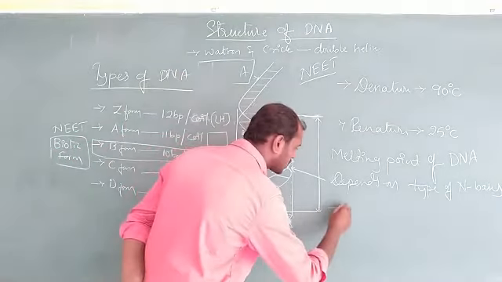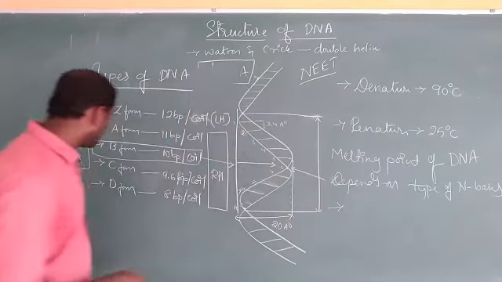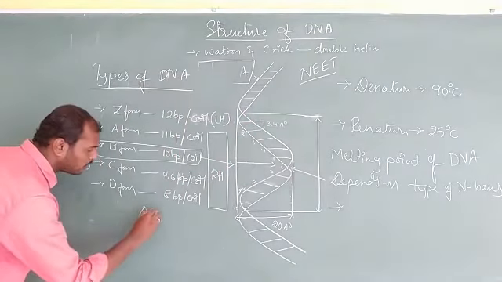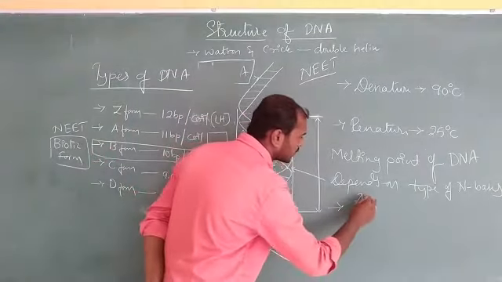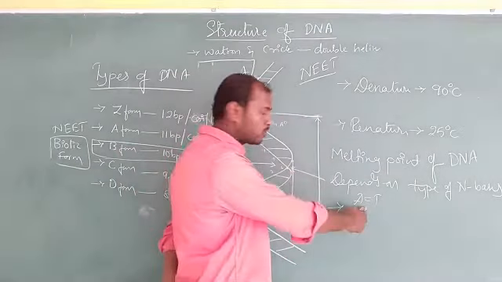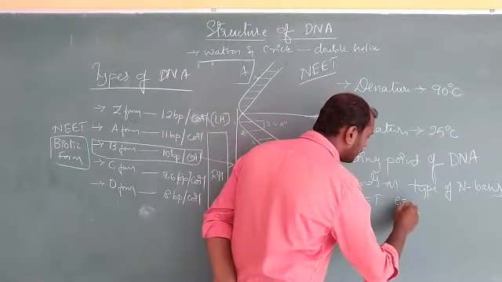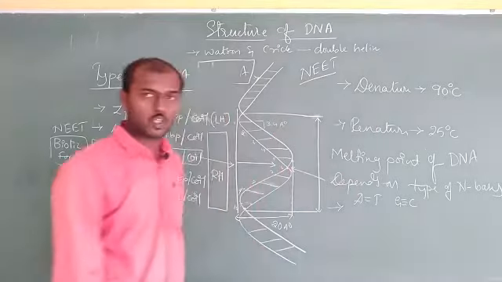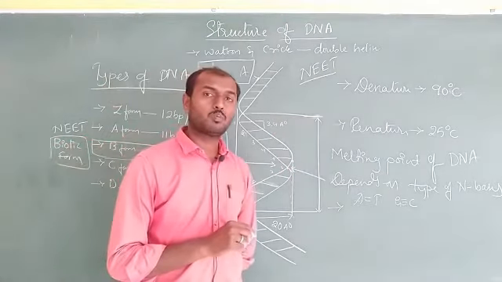You know very well that A is going to bind with T with 2 hydrogen bonds, and G is going to bind with C with 3 hydrogen bonds. So the number of hydrogen bonds is going to decide the melting point.